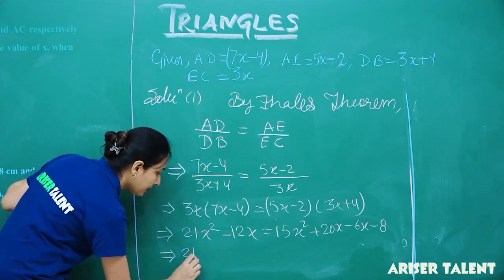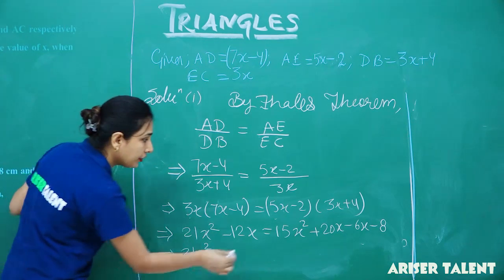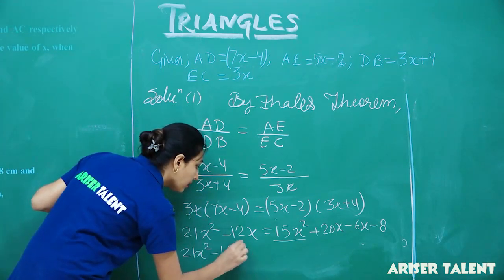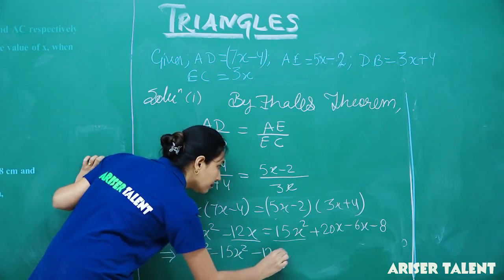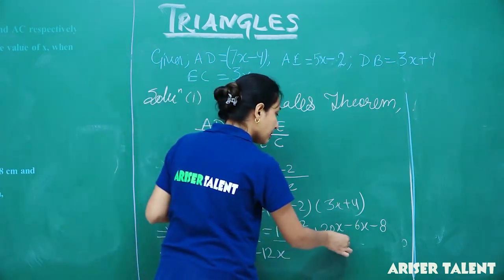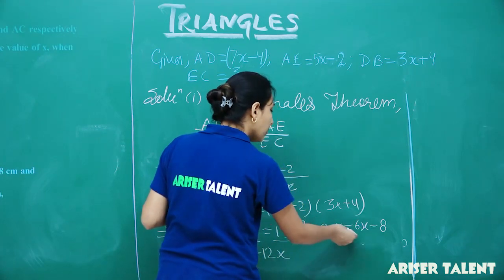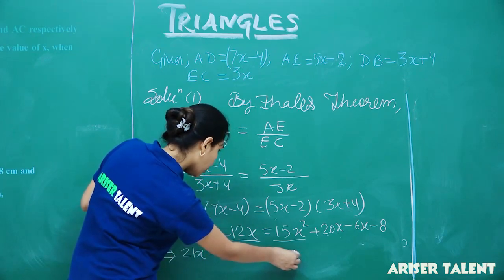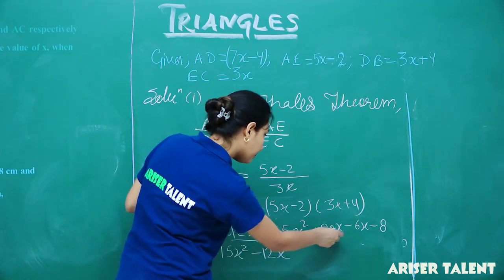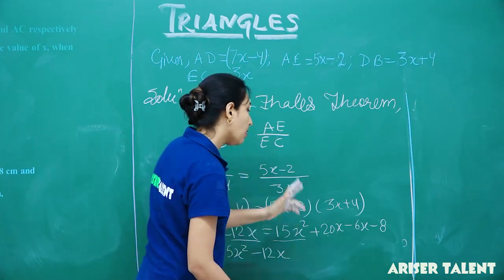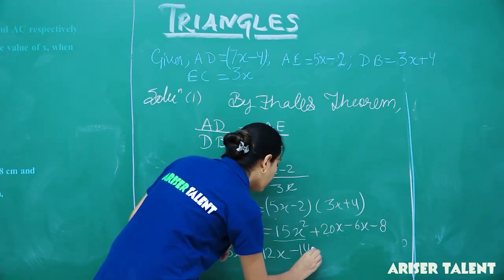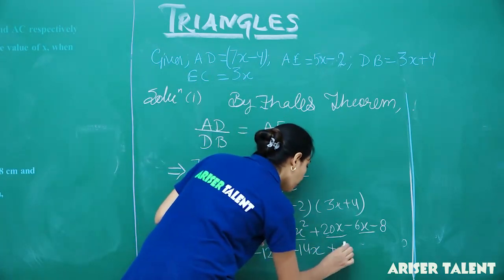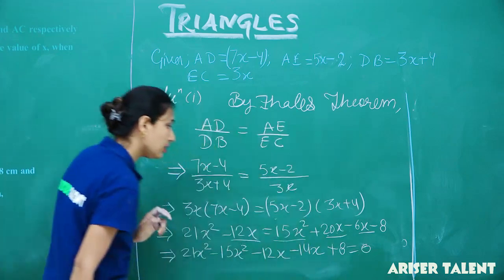Now 21x square as it is, you are having 15x square here, so transfer here. Now minus 12x here, and here 20x minus 6x will give you what? 14x. So that plus of 14x will become minus of 14x here. Okay, you have covered this and this. Now plus of 8 equals to 0.